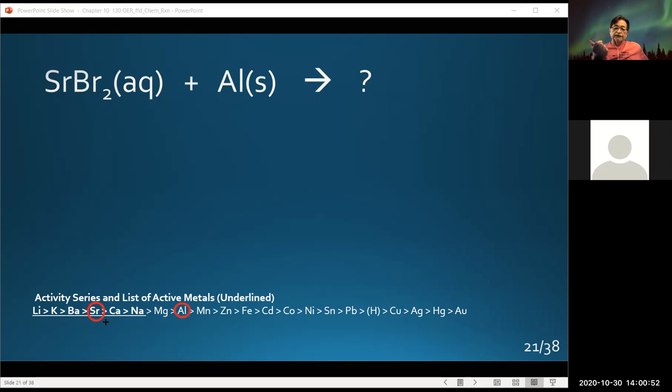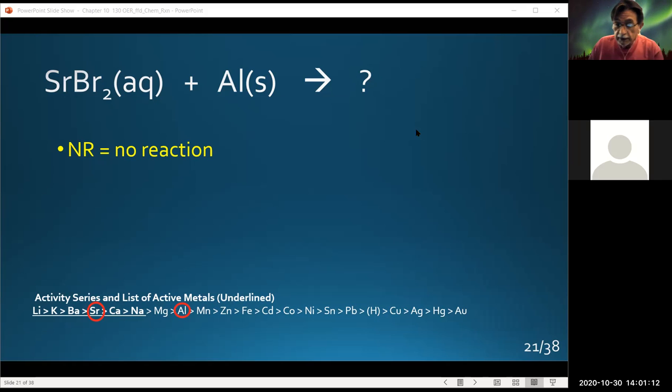Then the second question is, is the most reactive metal already in its most stable state, which is the compound? And the answer is yes. Therefore, we have here no reaction. See how that works?